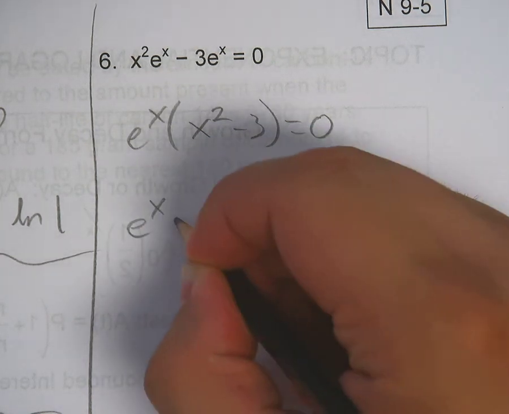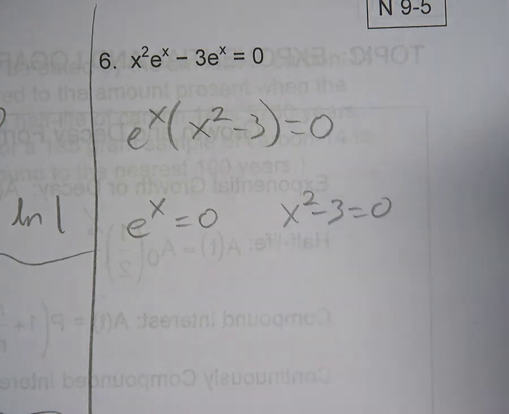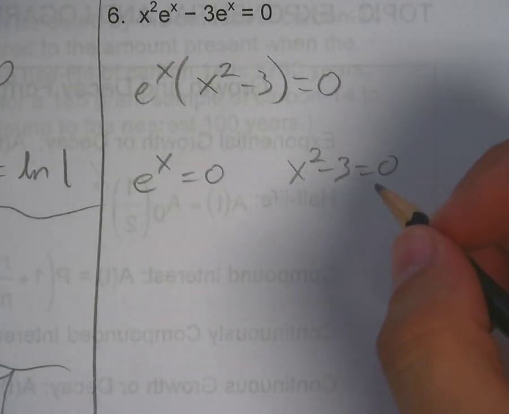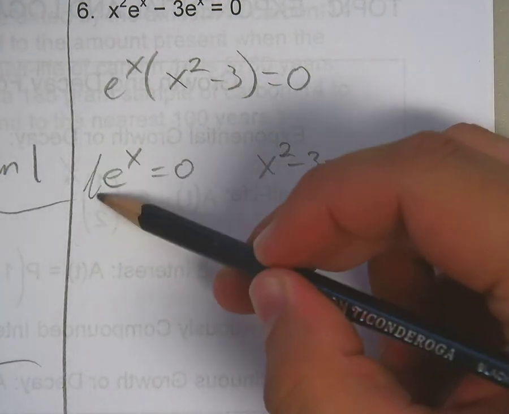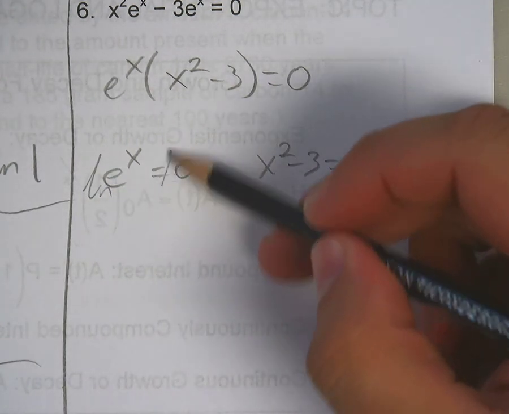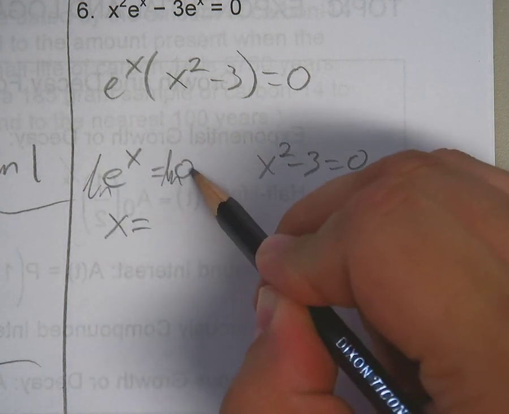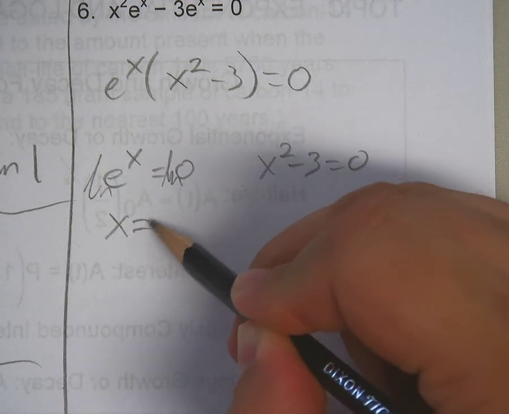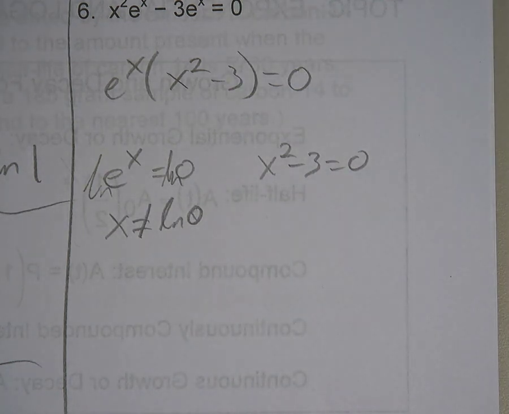e to the x equals 0. x squared minus 3 equals 0. Natural log both sides here. Now, because of this, you cannot do the natural log of 0. x cannot equal the natural log of 0 because there is no natural log of 0.